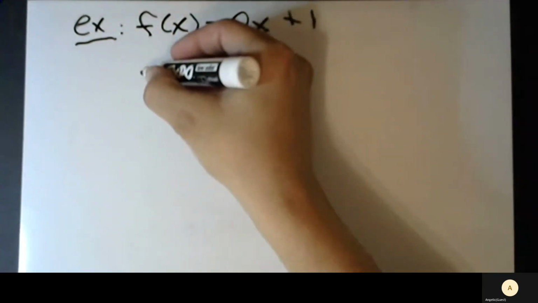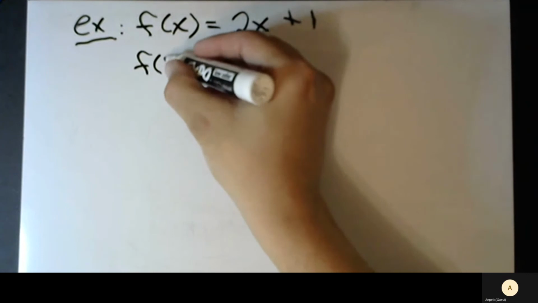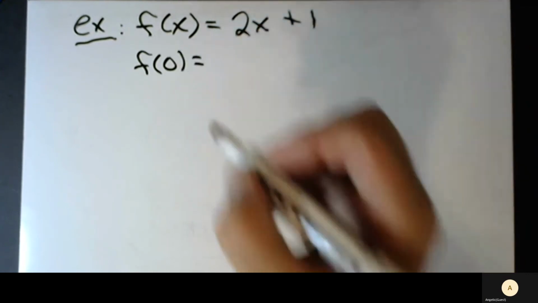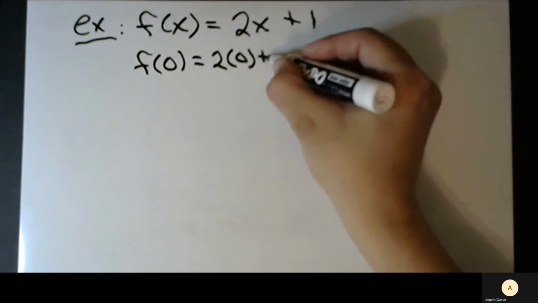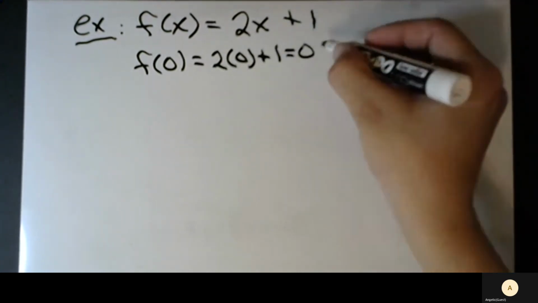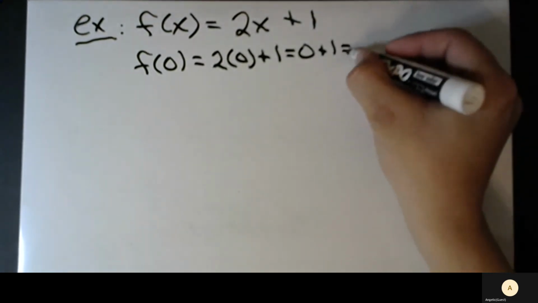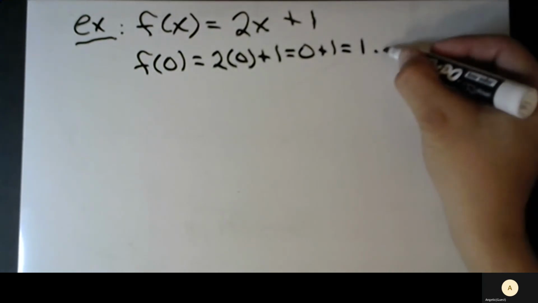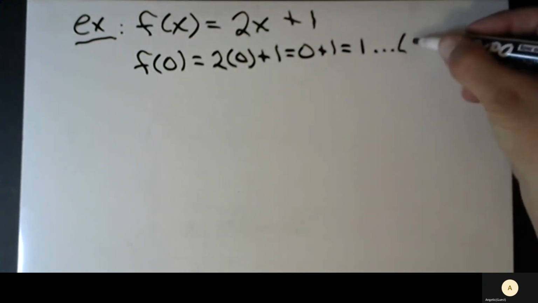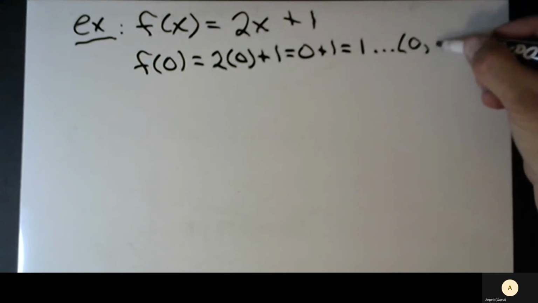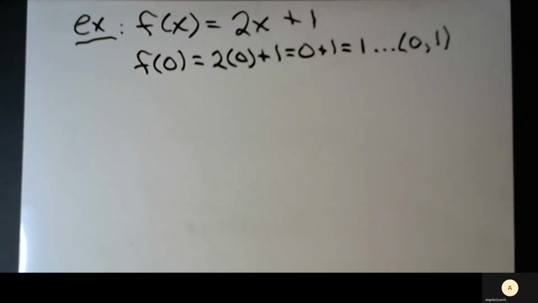So let's say we have an input of 0. We'll let x be 0. That'll give us 2 times 0 plus 1, or 0 plus 1, or 1. And so the input was 0, and we have an output of 1.